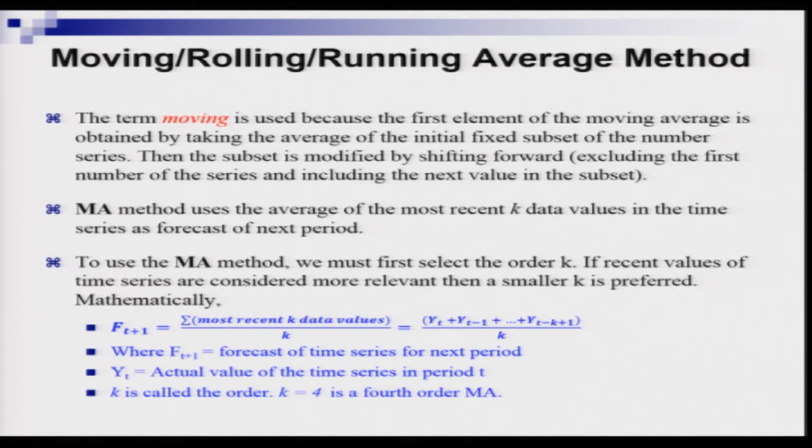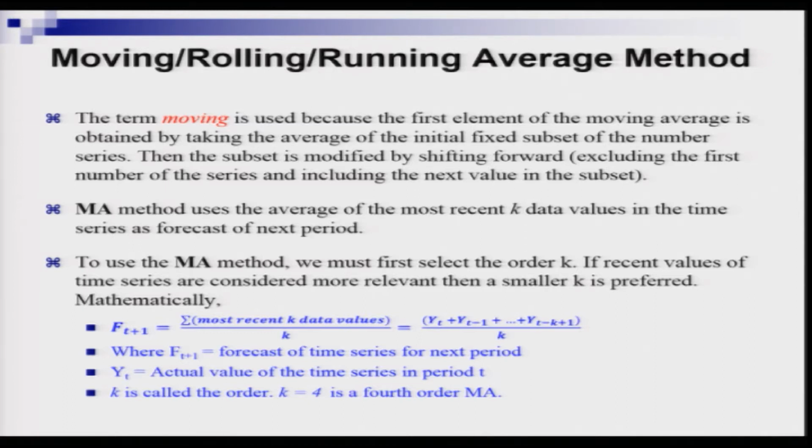If I am dealing with a quarterly data set, then k takes value 4. I will start with the first 4 values of the data set and compute an average, then exclude the first observation from that subset and include the fifth observation in the time series data set.